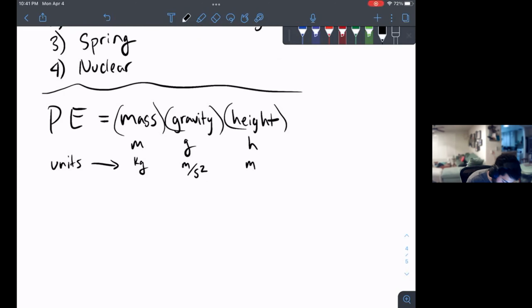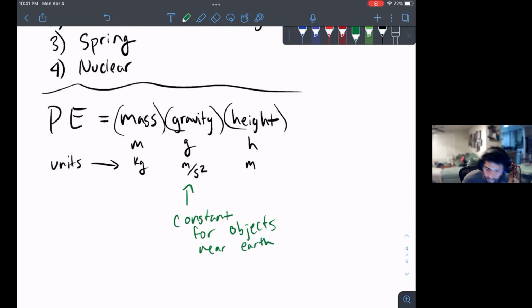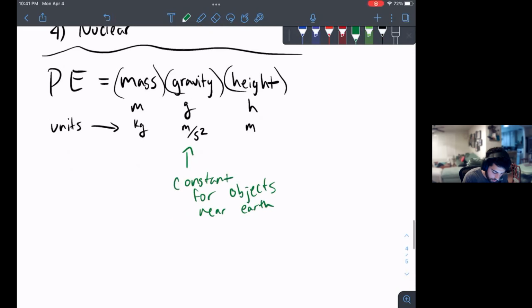Now, one quick thing is that this middle one is always constant, at least constant for objects on or near Earth. So even planes will feel this.